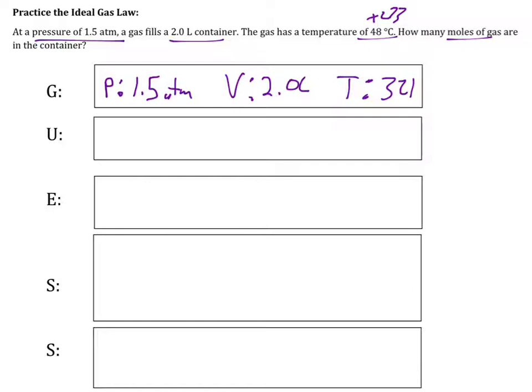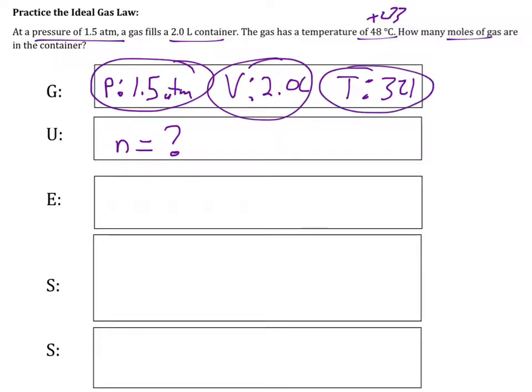Now, the unknown is what it's asking for, and the unknown is moles. So moles is what we are looking for. In this situation, notice how we are given 3 of the 4 variables, and it's asking for the 4th. Notice how there is not a changing pressure, there's not a changing volume or a changing temperature. So we use PV equals nRT.